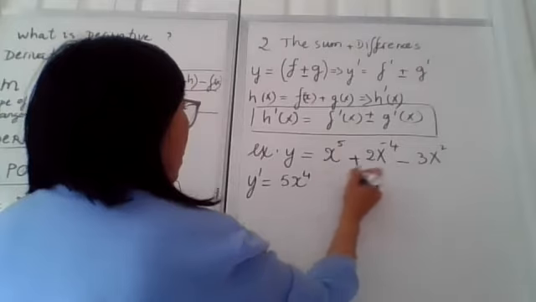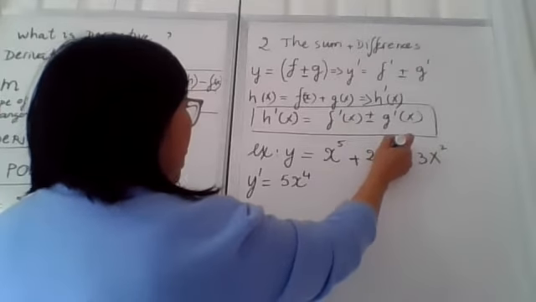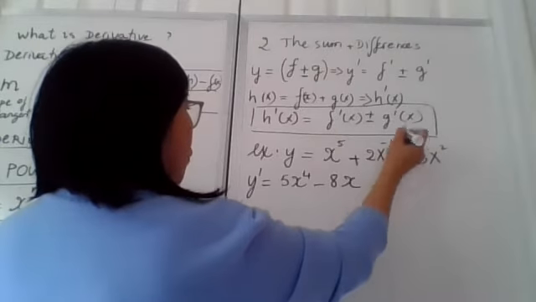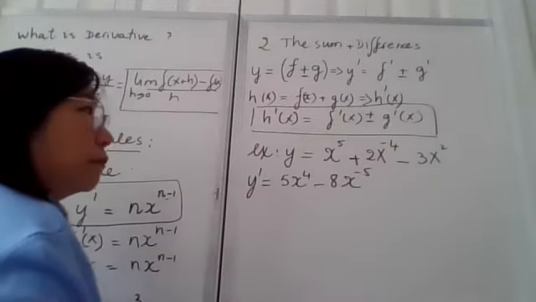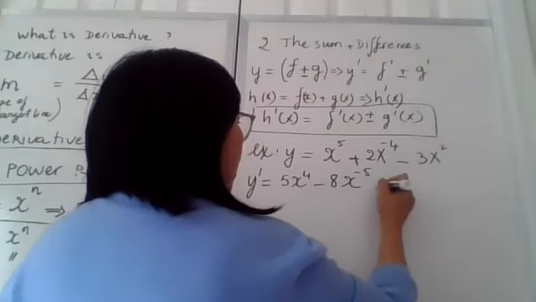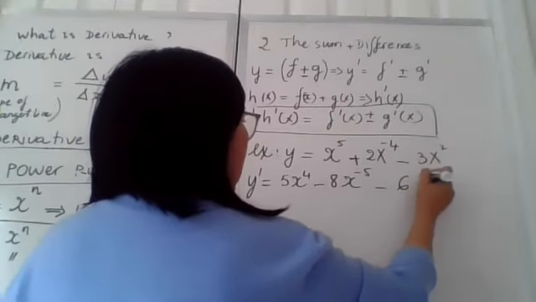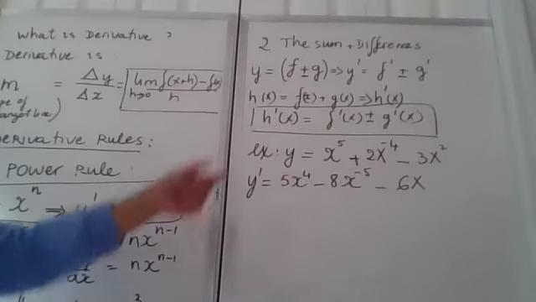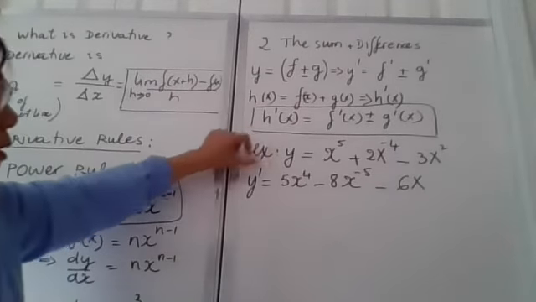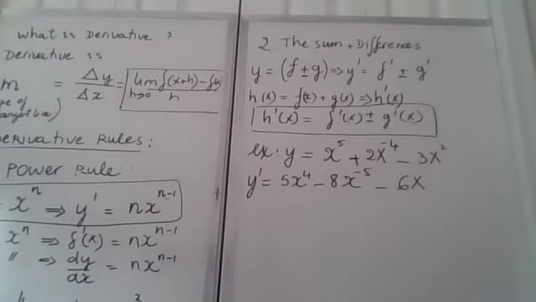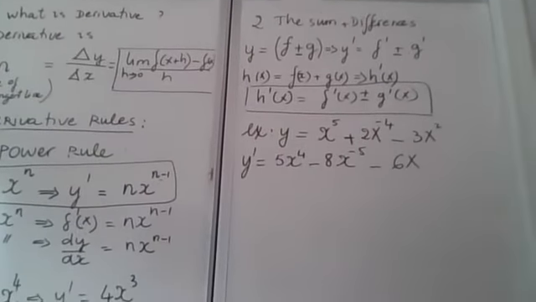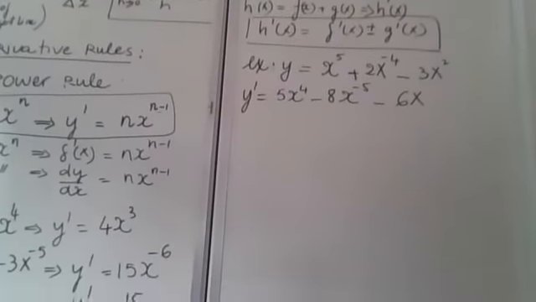Adding, but I'm going to multiply minus 4 times 2, so that becomes minus 8. x, minus 4 minus 1 becomes minus 5. Subtract 2 times 3 is 6x. So that is our answer for this operation. Okay, so that's how you can see that we use the rules of both power and sum and differences applied here.